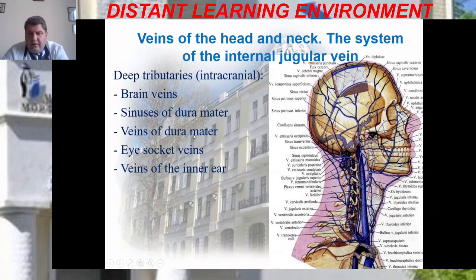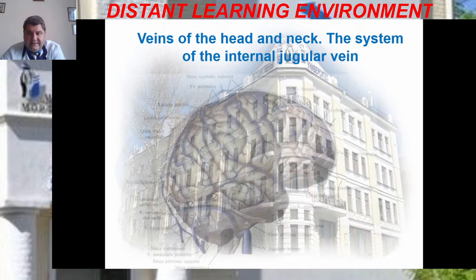Also ophthalmic veins, labyrinthine veins of the inner ear, diploic veins inside the bony skull, and emissary veins, which connect the superficial veins with the internal or intracranial veins.